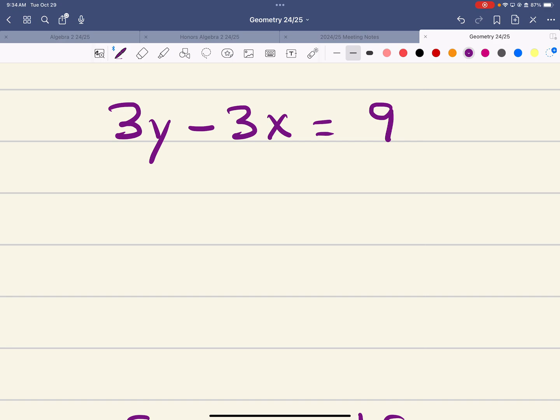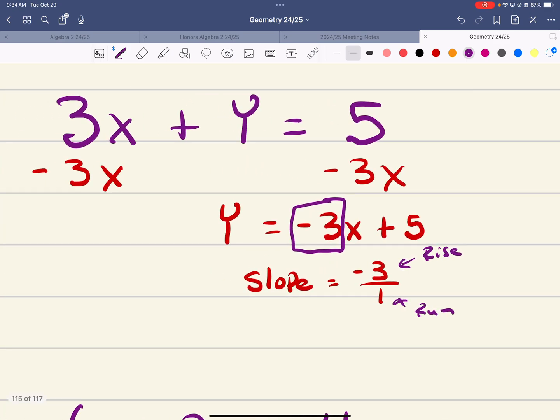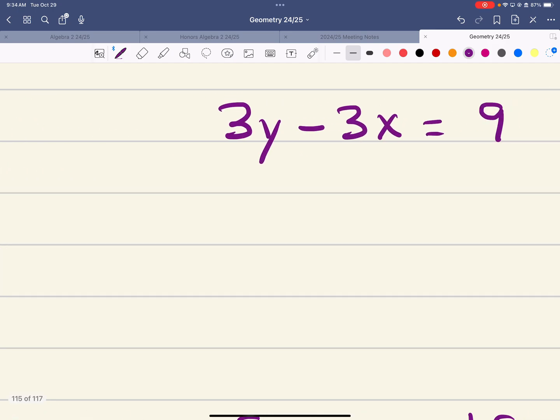So what do I do first? I have to solve this for y. What did we do first for this first one? Move the x. So what are we going to do with this one?